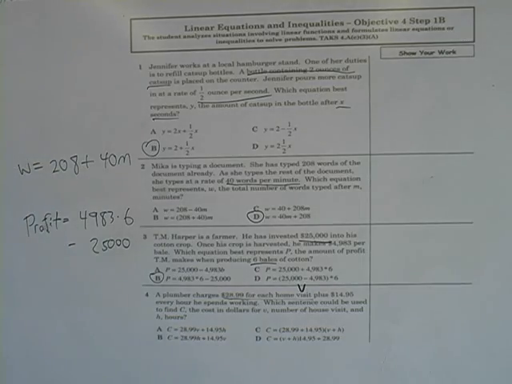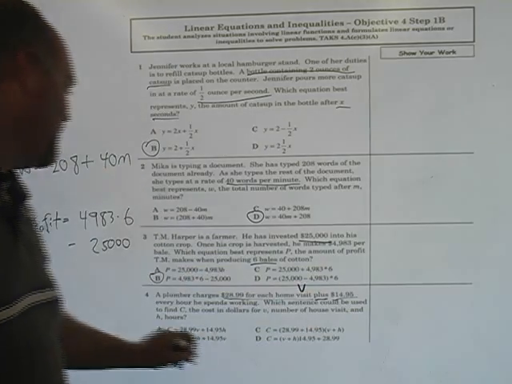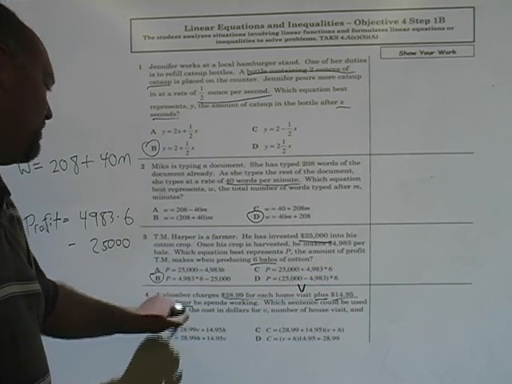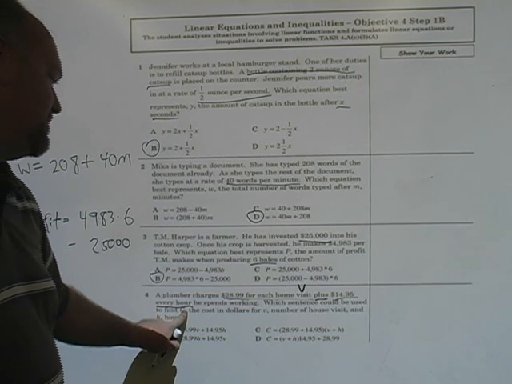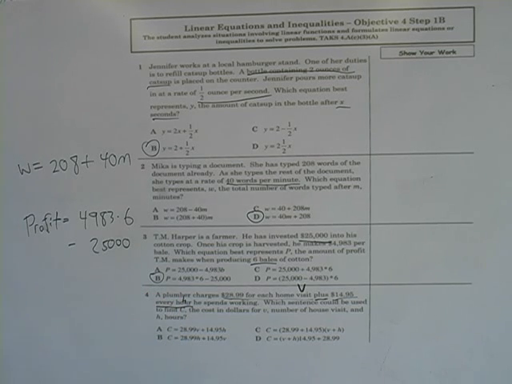V is visits, plus $14.95 every hour, and hours are H. Okay, so $28.99 V plus $14.95 H. And there's the answer.